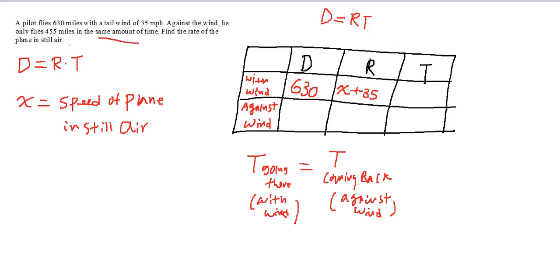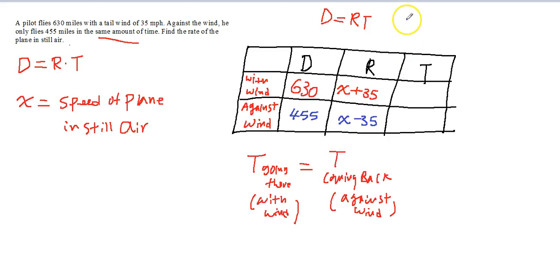When you're coming back, you go 455 miles, and because you're going against the wind, you lose speed by the wind speed. So that means plane speed minus 35.